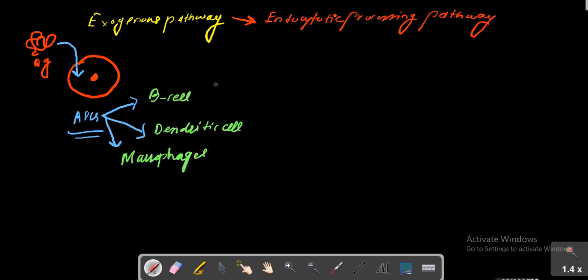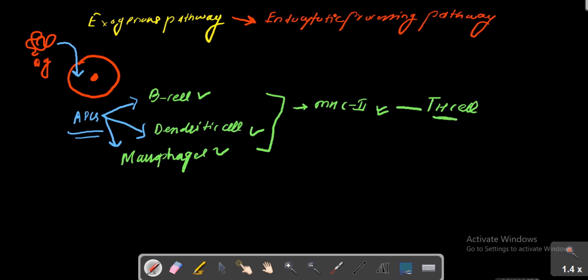Okay, so these are the three types of antigen presenting cell, and these have the MHC class 2. Okay, and these represent the antigen to the TH cell. So this is the basic funda.